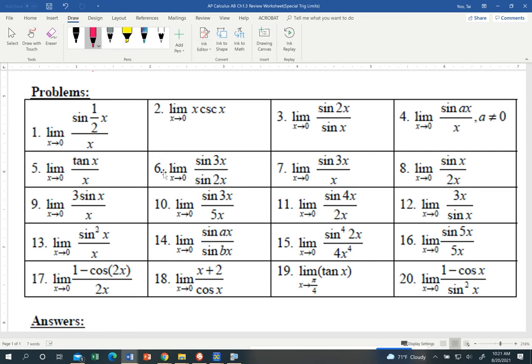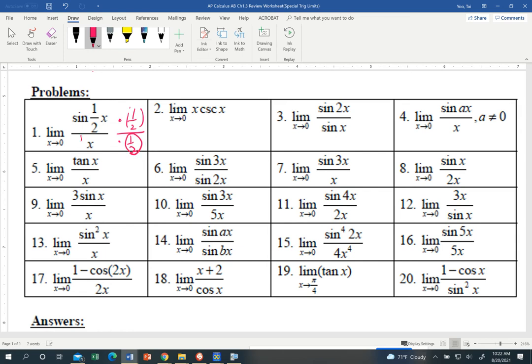Anybody have an idea what we need to use as a trick? Are they matching? No. So we need to match them up. Anybody have an idea what we need to do to match them up? Multiply top and bottom by 1/2 and 1/2. That's the trick. So where do I put this bottom 1/2?